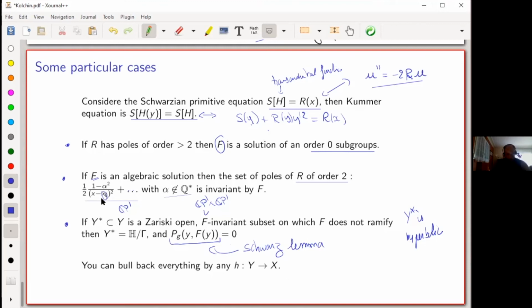I want X here and Y here. So you can do the construction that we did and then pull back everything on X. That's why you have some H here. I will keep that. And what is better is to put a Y here.